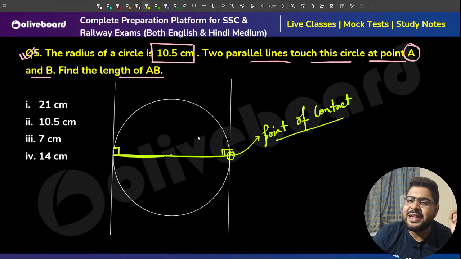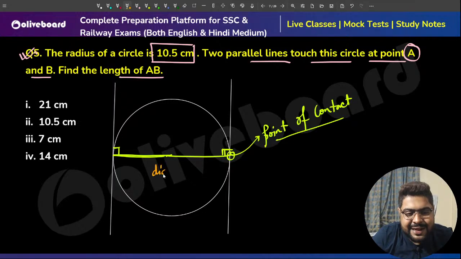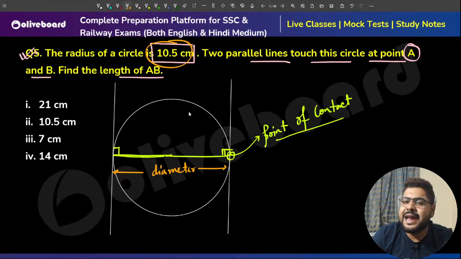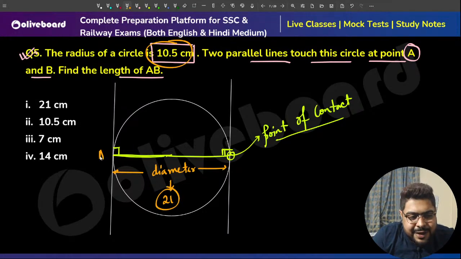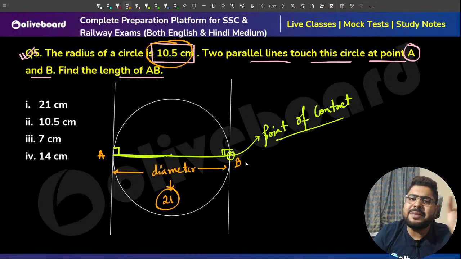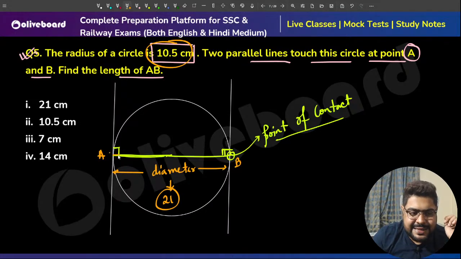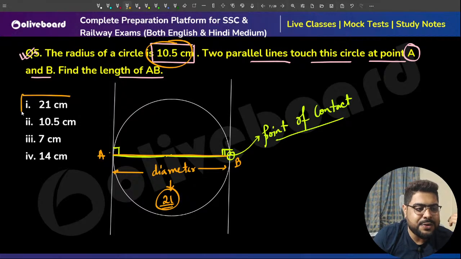So this is only possible when this is the diameter. Radius is given as 10.5, diameter is twice of that, that is 21. That is your AB only, they are asking this distance. So this is the diameter, 21, option number 1.